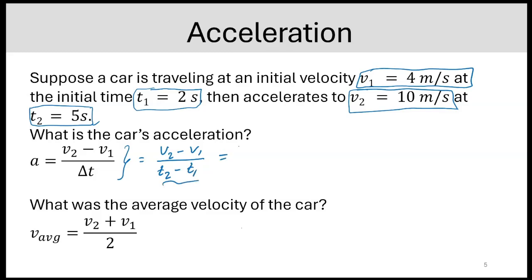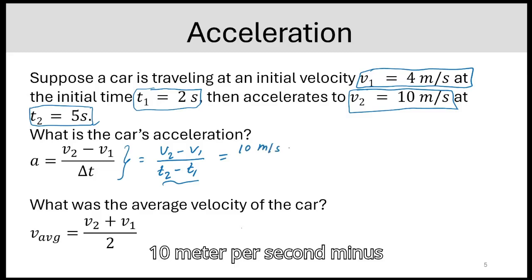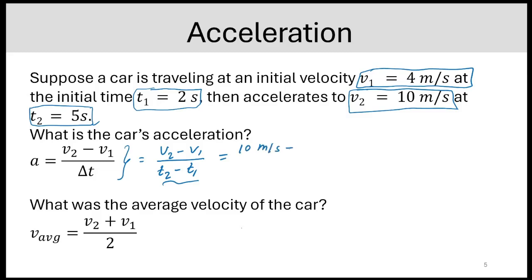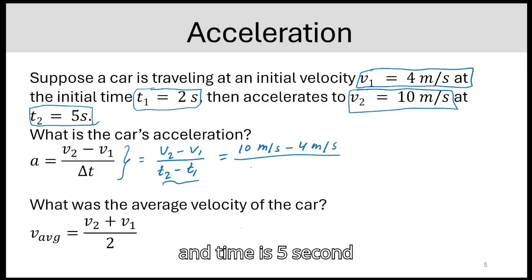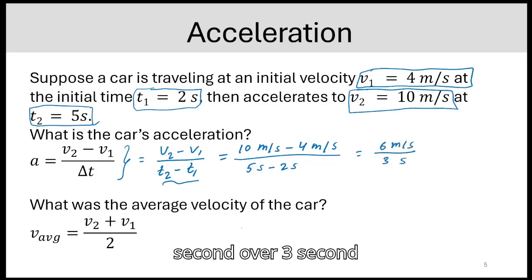So this is 10 meters per second minus 4 meters per second, and the time is 5 seconds minus 2 seconds, which equals 6 meters per second over 3 seconds.